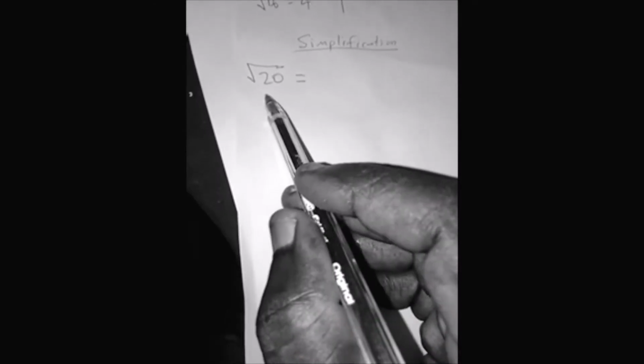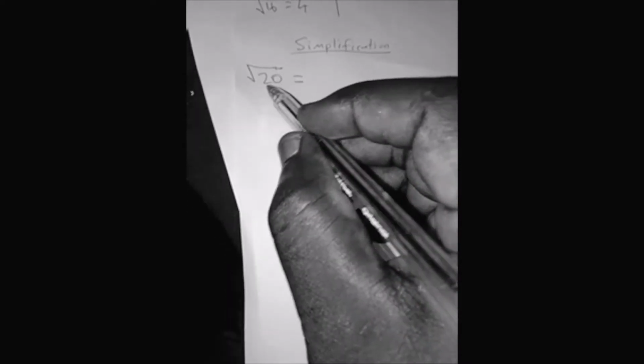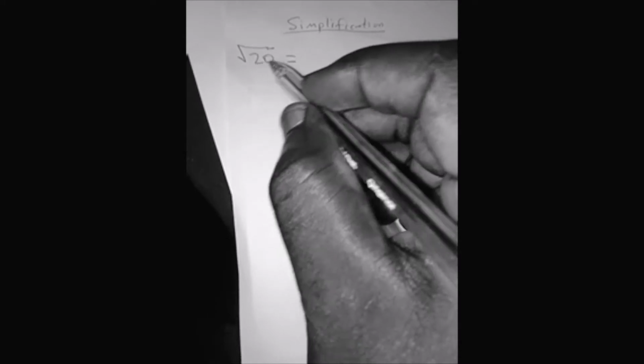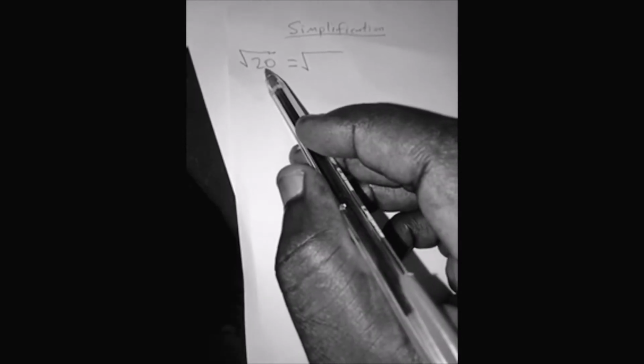First of all, I'm not going to change the value over here. What I'm going to do is just split this into 2 factors which will mean the same 20. My splitting has to be done in such a way that I'm not going to change the value, and it must be one perfect square and one non-perfect square.